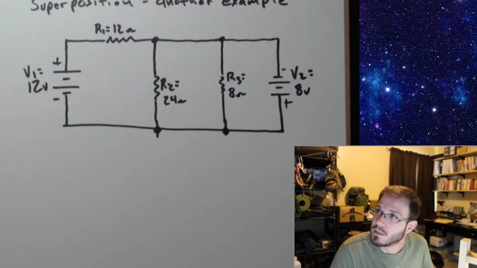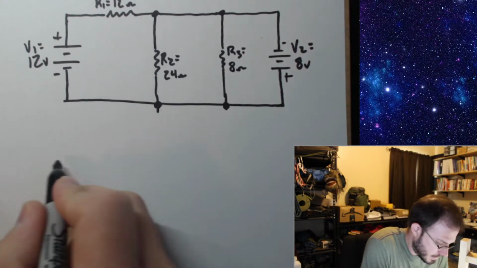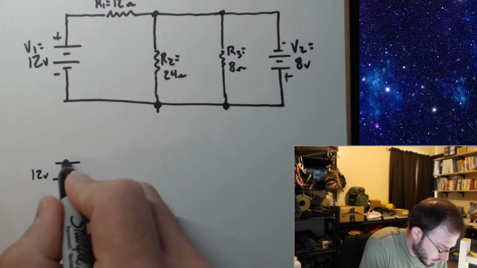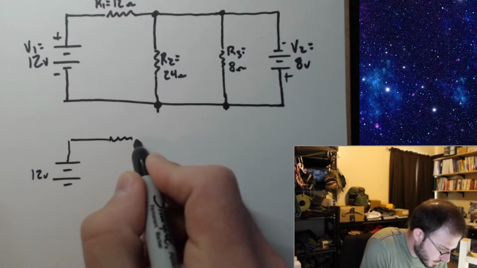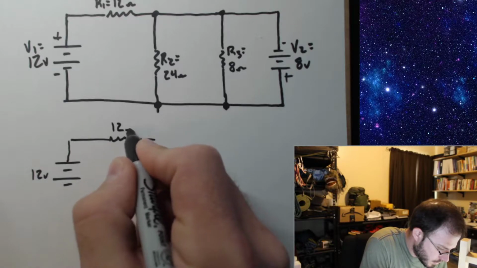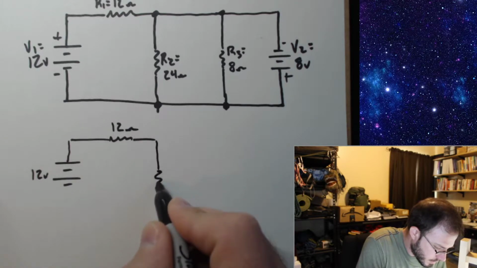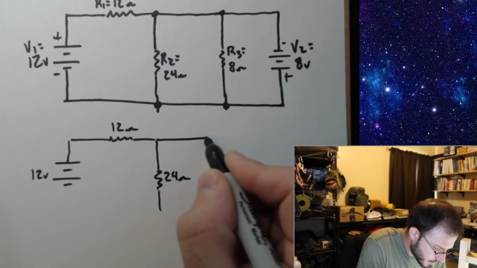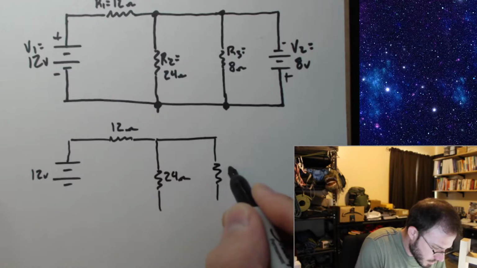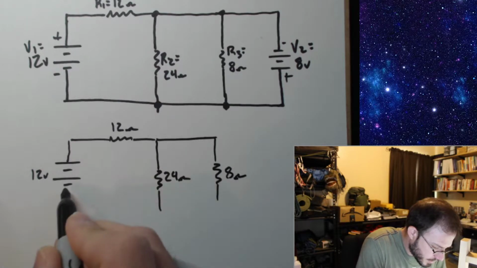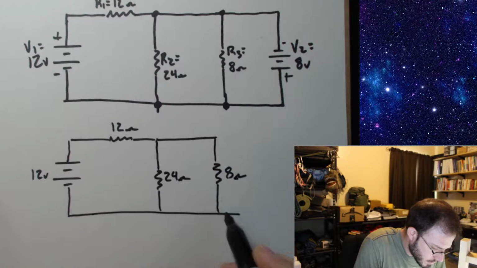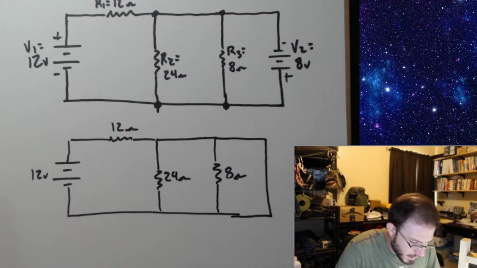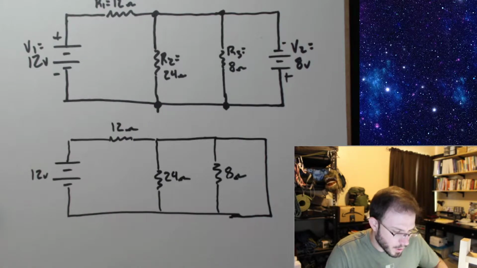So let's go ahead, let's do that. 12 volts, 12 ohms, 24 ohms, 8 ohms, and in place of V2 we have this short over here.